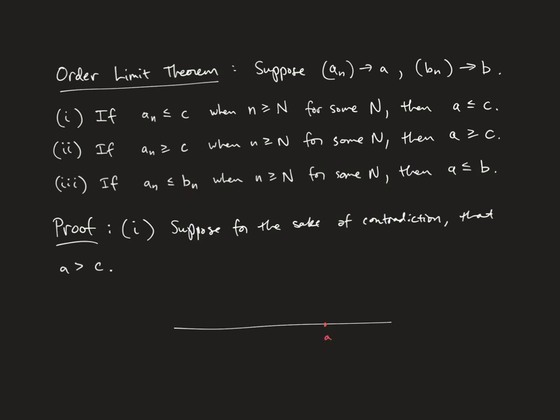If we're assuming that A is bigger than C, so C is here, the an's, since they converge to A, are supposed to be getting arbitrarily close to A, but all of the an's at the tail end of the sequence are also less than or equal to C. So you have this situation where the tail end of the sequence is down here, but is also supposed to be arbitrarily close to A, and that just doesn't make any sense.